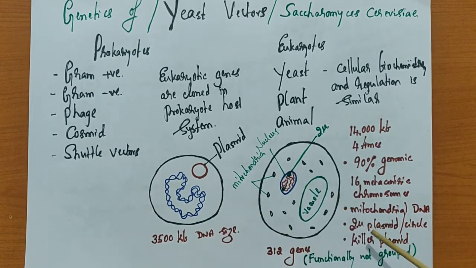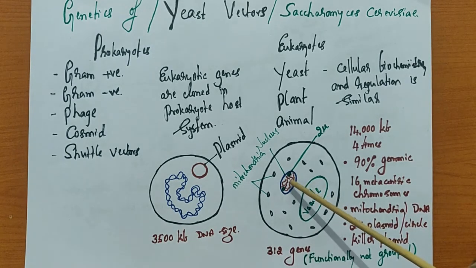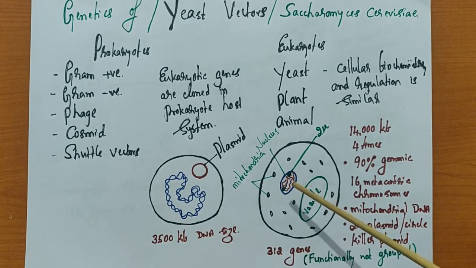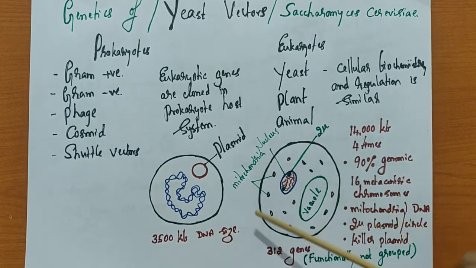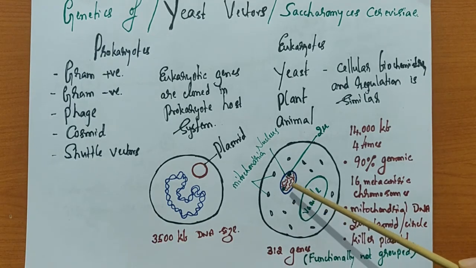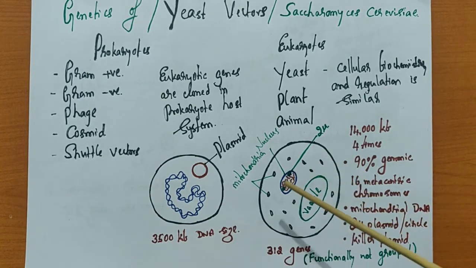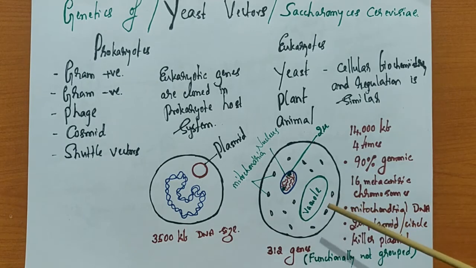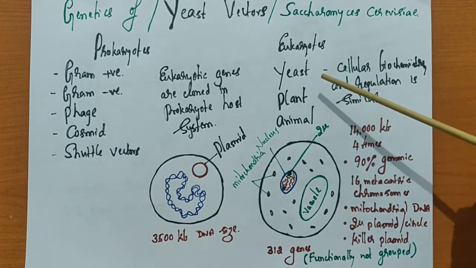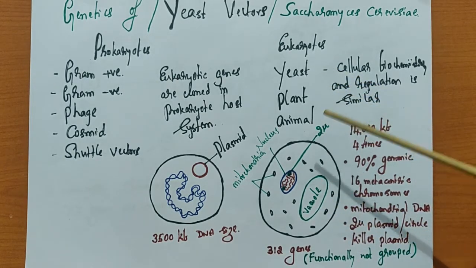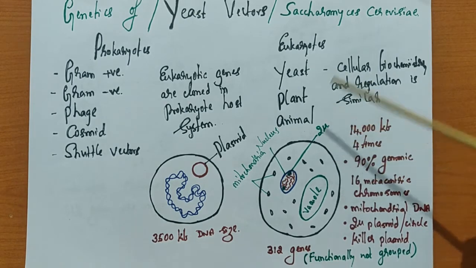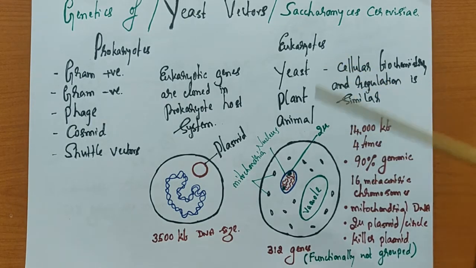Whereas for the 2 micron plasmid, we really do not know the function, and its presence does not give any additional or beneficial character to this particular yeast cell. But still, the 2 micron plasmid is very important in understanding recombinant DNA technology, especially while creating various vectors in a yeast cell.